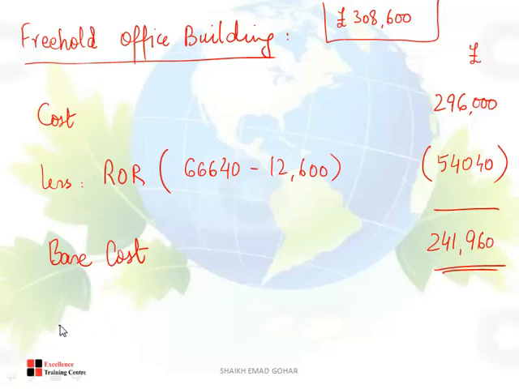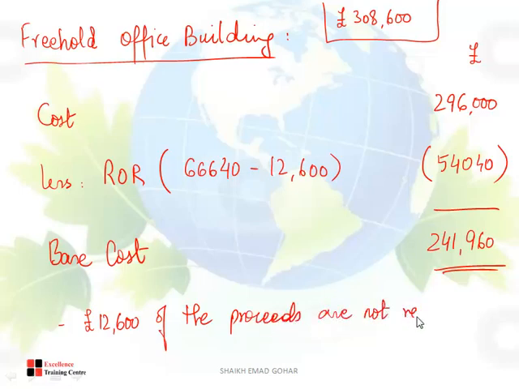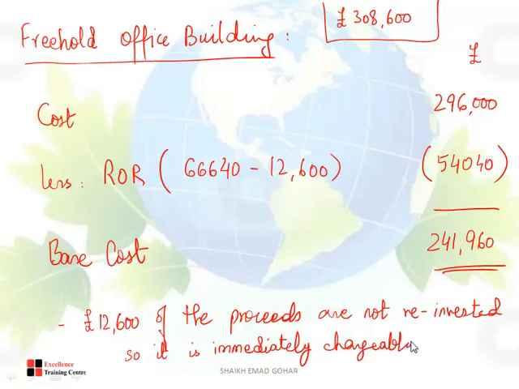And you will write a note as well that 12,600 of the proceeds are not reinvested, so it is immediately chargeable. Done? Getting my point? Easy, difficult? How many marks did you get? 15 marks, that's it.